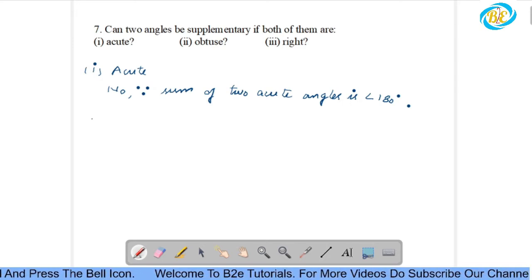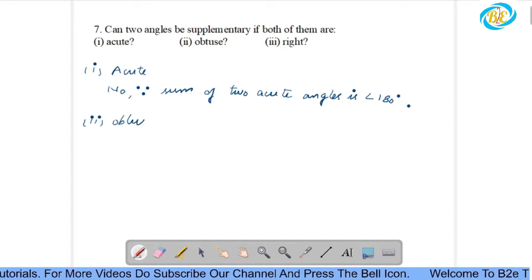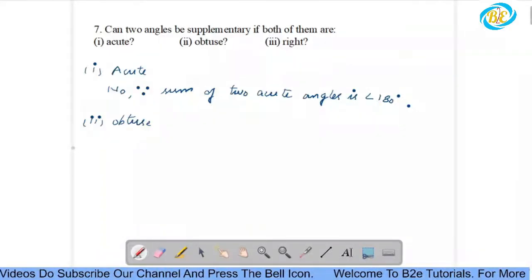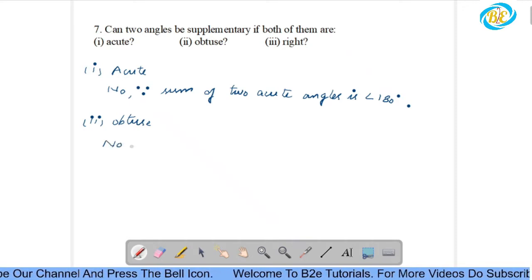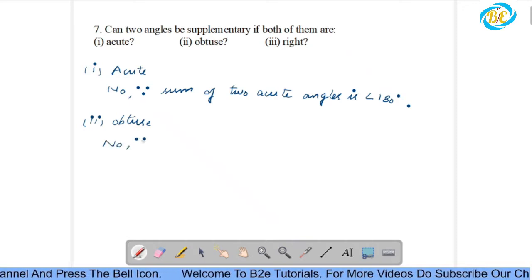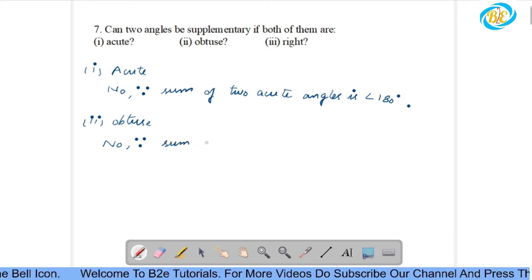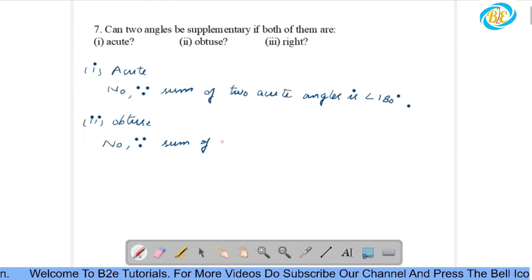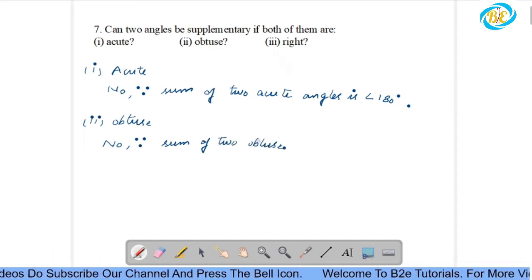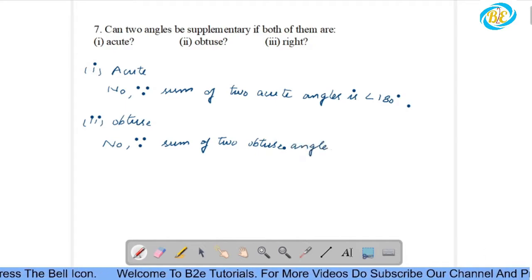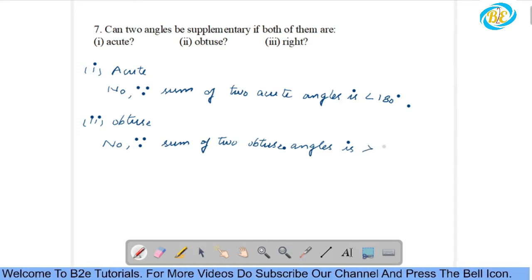Now second part, obtuse. Again your answer is no, because sum of two obtuse angles is greater than 180 degree.